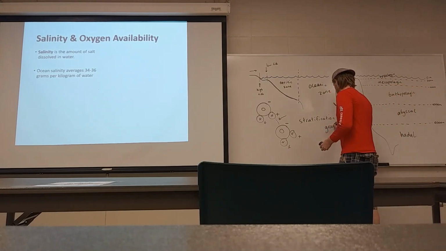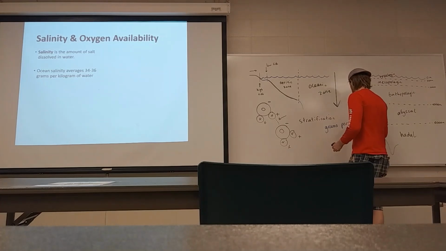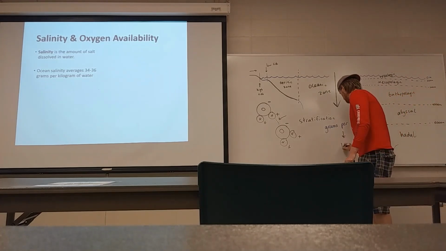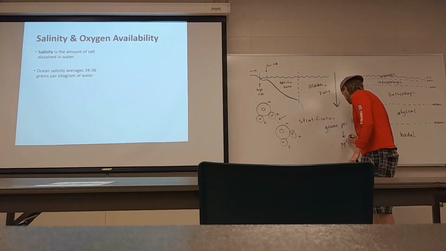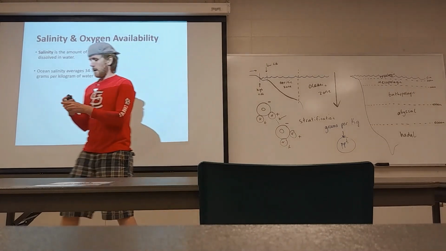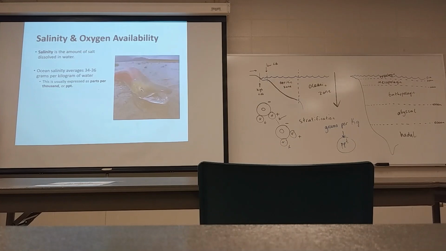Grams per kilogram, not the easiest thing to say, and so what do we say instead? We say parts per thousand, or PPT, which makes sense because a kilogram contains 1,000 grams. So the salinity of the ocean is 34 to 36 PPT, parts per thousand.